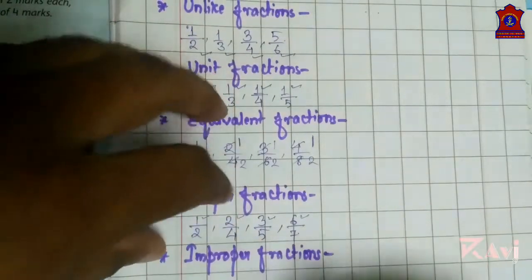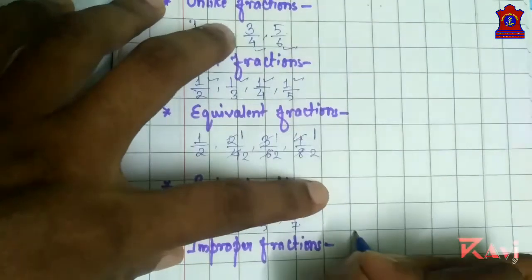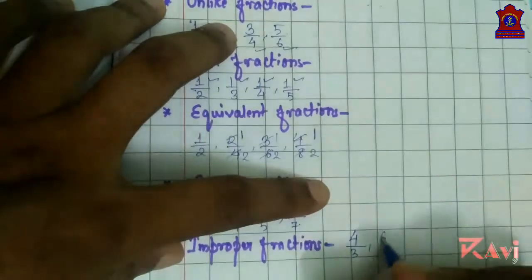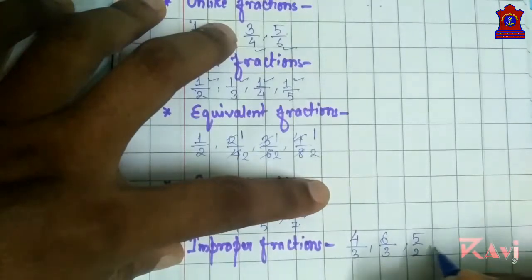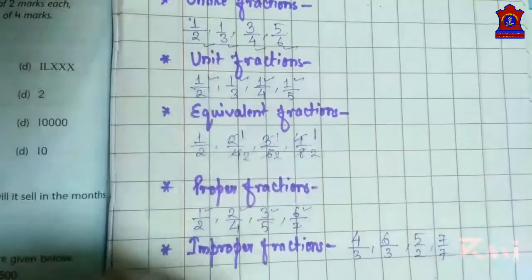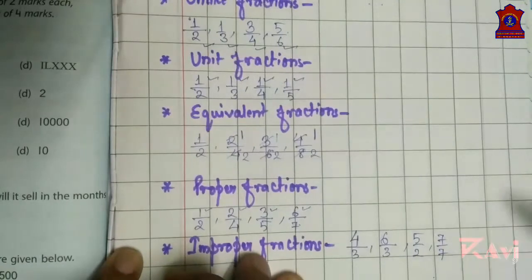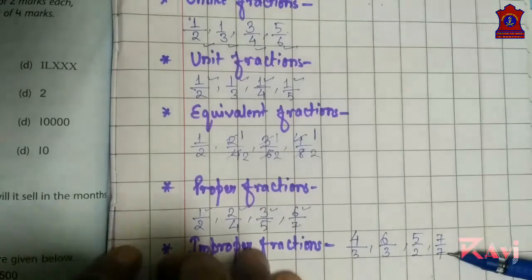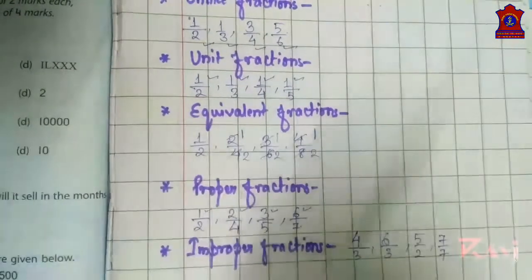Like, look at this example: 4 by 3, 6 by 3, 5 by 2, 7 by 7. These kinds of fractional numbers are improper fractions. When the numerator and denominator are the same, then also we can say that it is an improper fraction. Clear?